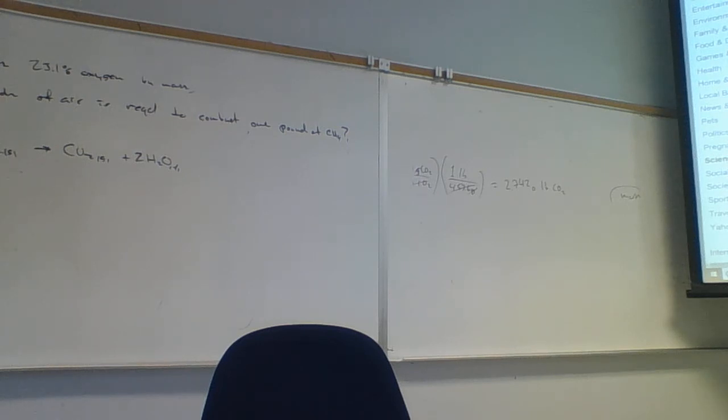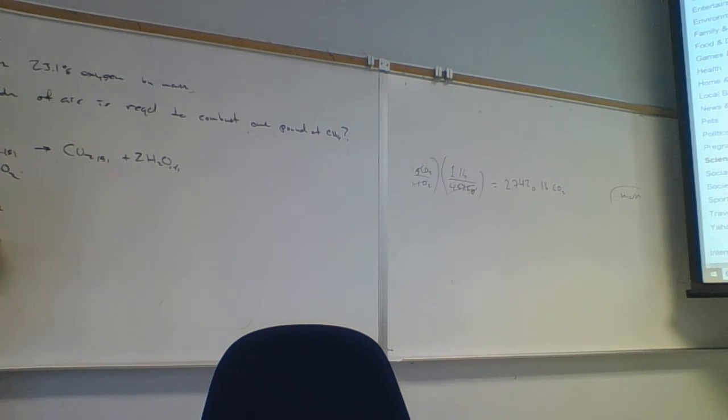From grams of CO2, we're going to go to moles of CO2. This is a gram to mole conversion. And then moles of CO2 to moles of O2. But O2 is pure, right? And so from moles of O2, then we'll go to grams of O2, and then pounds of O2.